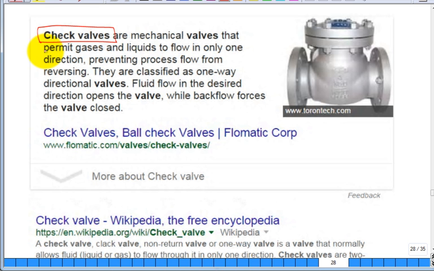He didn't even know what a check valve was. Seriously, checked valve, it's still installed, not leaking. It's like, no, it's not working. It's not preventing backflow. So basically, it's a mechanical valve that permits gas or liquid flow in one direction only, and if it tries to go in the opposite direction, it will prevent it. That's what a good check valve is.